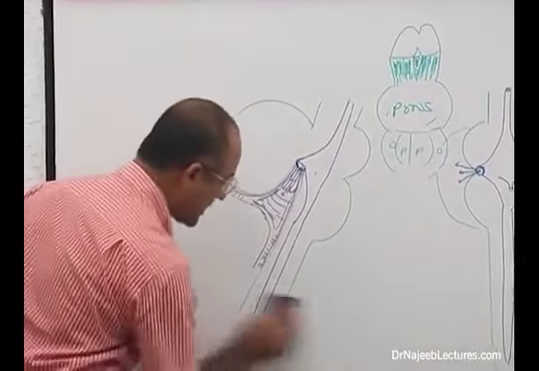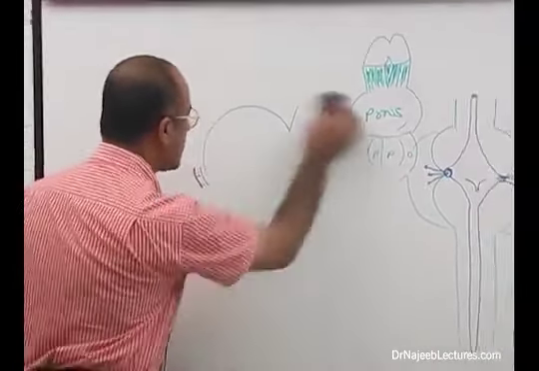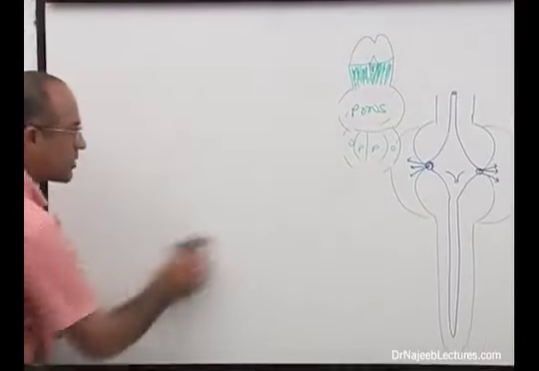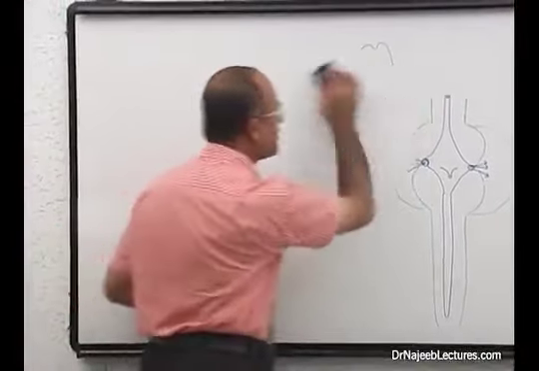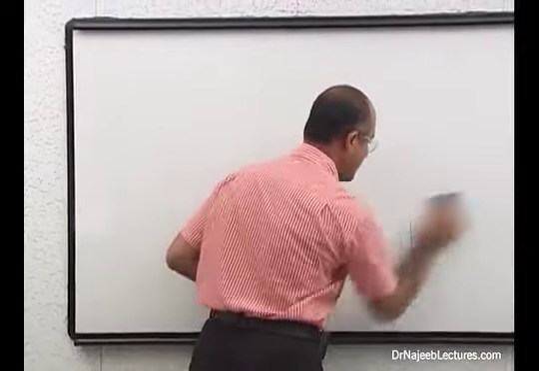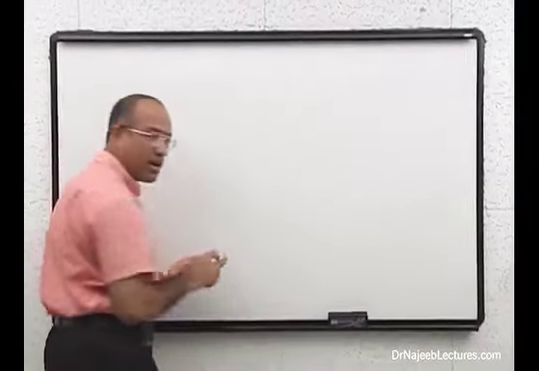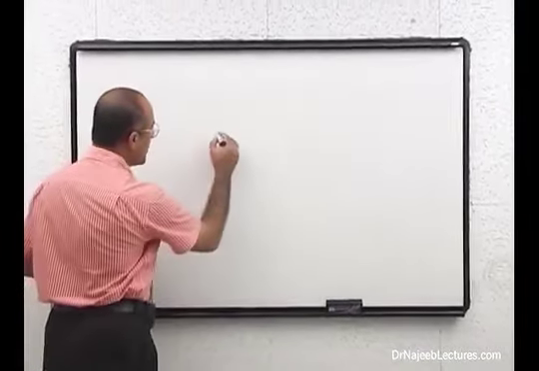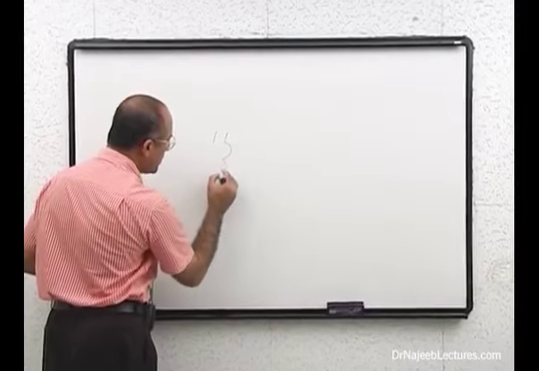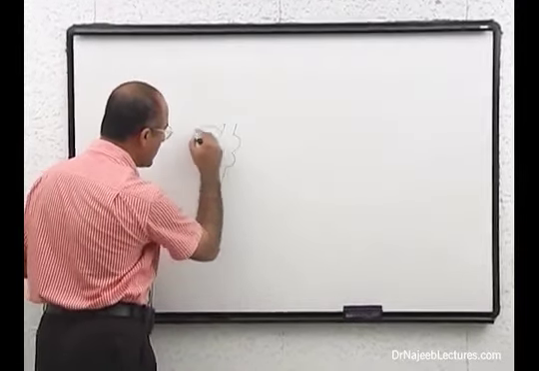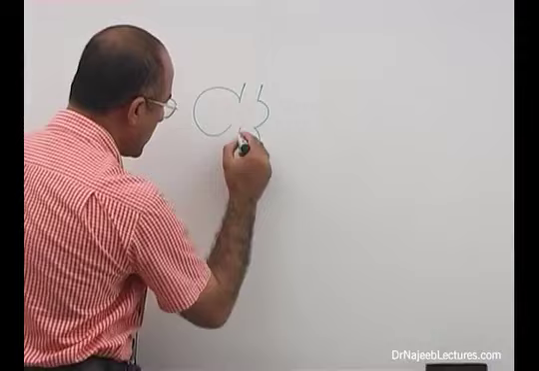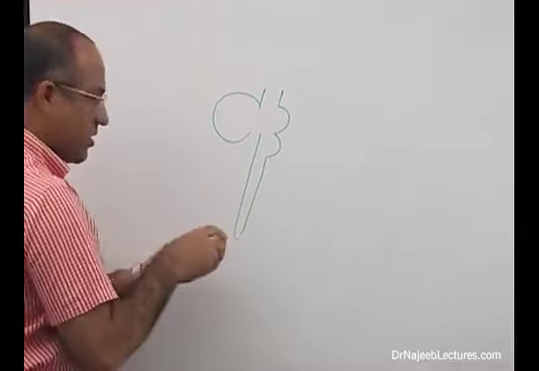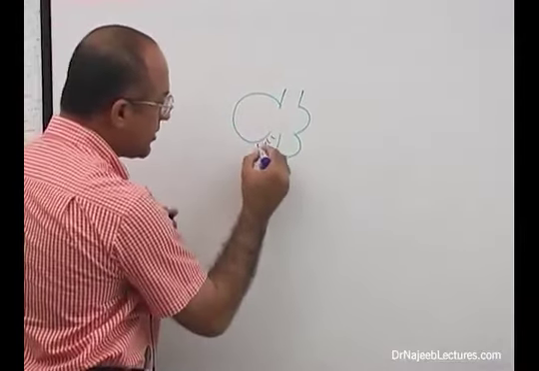Now we'll make a diagram and take a test of these cisterns which we studied. I want to see whether you really learn or you just agree with me without learning. I will make small diagrams. You have to tell me: midbrain, pons, medulla, spinal cord. What is this cistern?